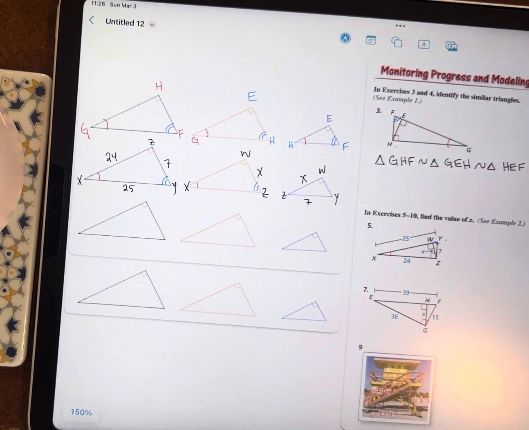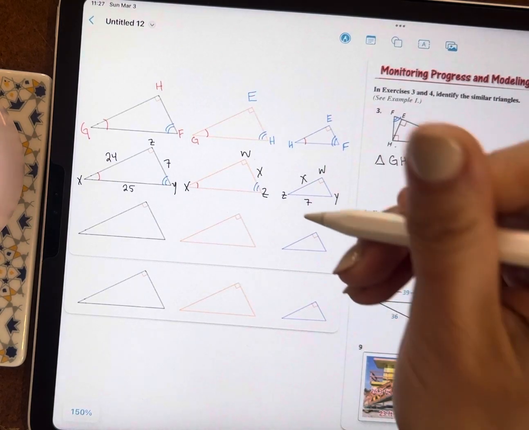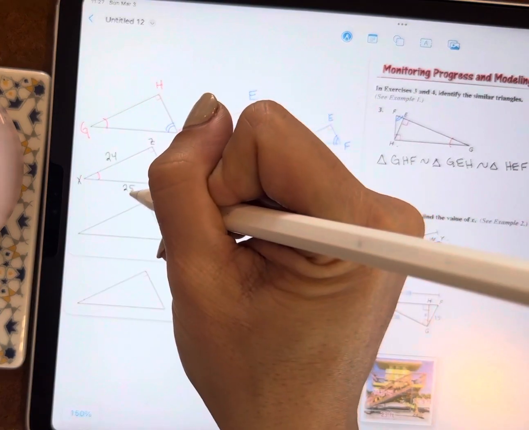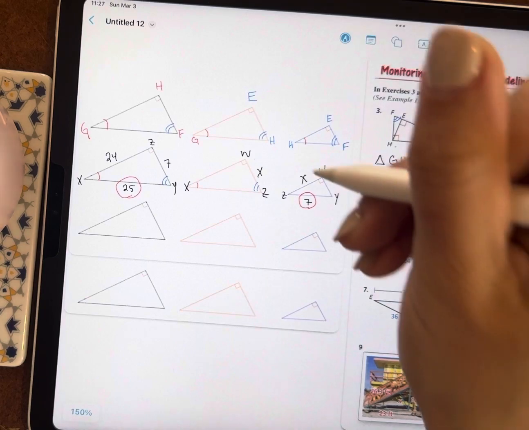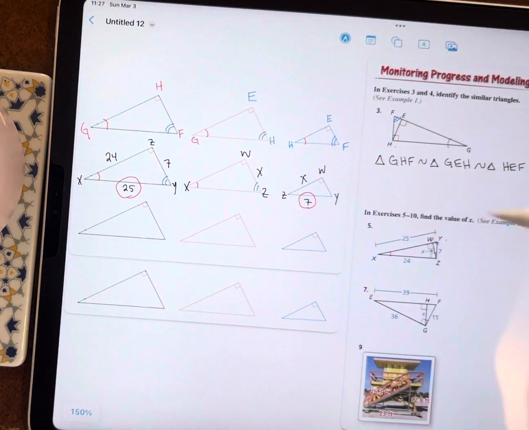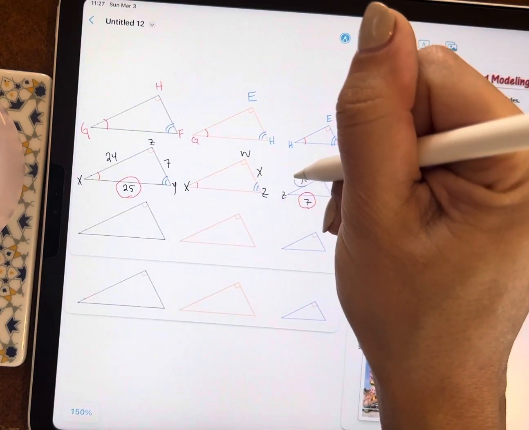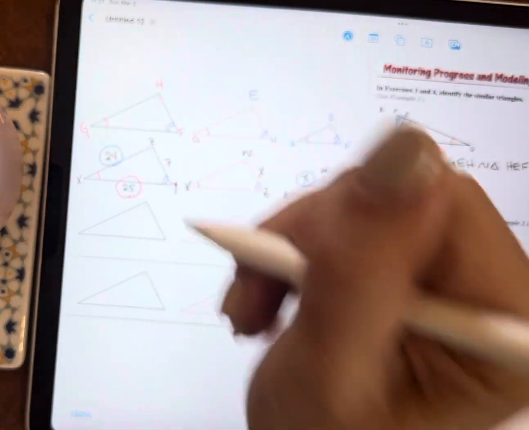Now we're looking for a pair of sides whose values we can match up. So I notice the 7 and the 25, which means then I must relate the x to the 24.